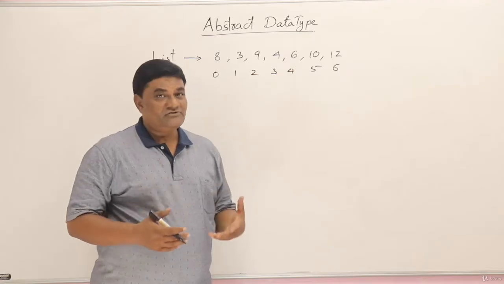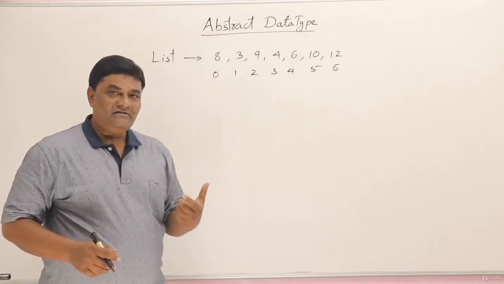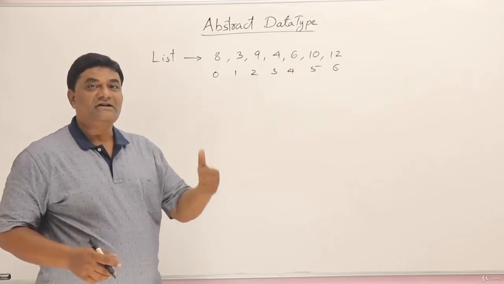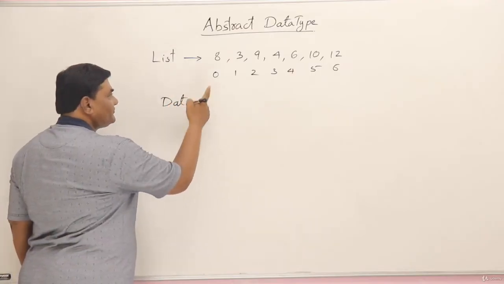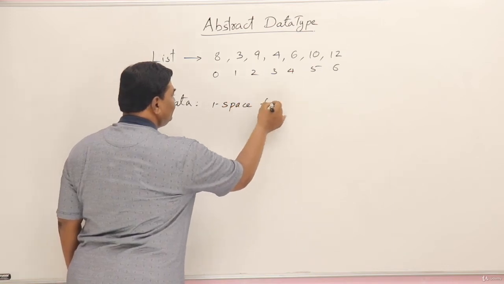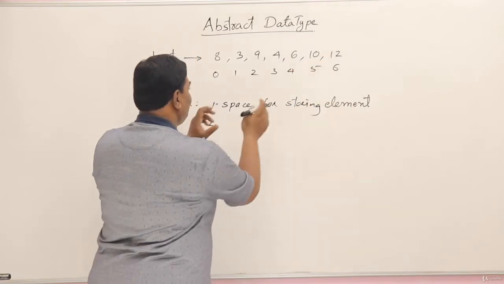Now I want this list to be used in my program. Then how can I represent a list? What are the things that I have to store for representing the list? The data required for storing this list is, first, space for storing elements. Then the second thing is some capacity of the list.